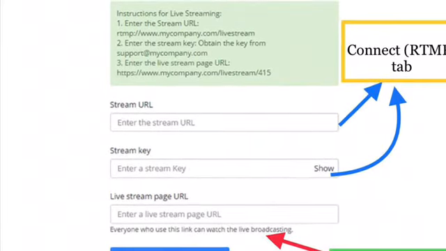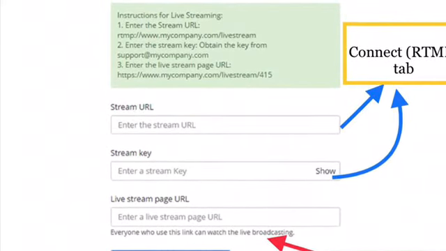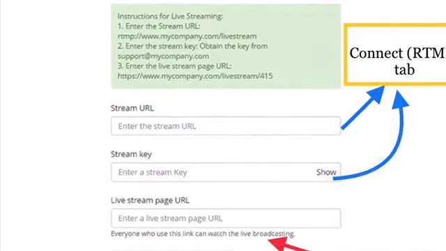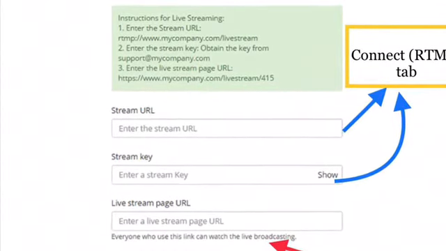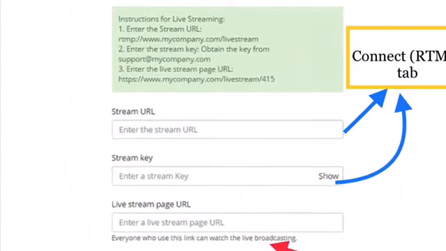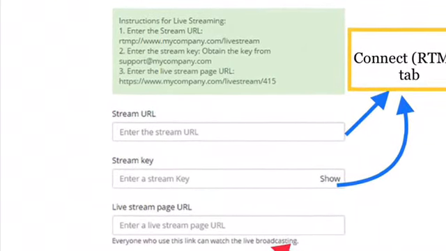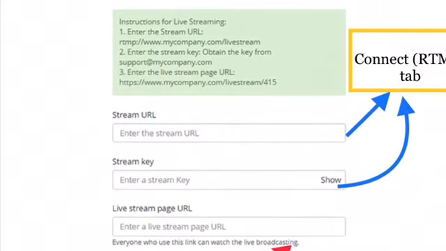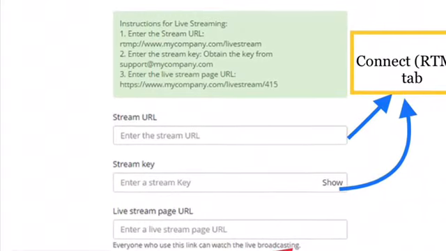All right. Go back to Vimeo. Top right hand corner, go to next. All right. And then remember where I said connect RTMP, you click on that tab. And those next two links, you're going to come back to this page and put those next two links in their appropriate spaces for the top two on this page right here.